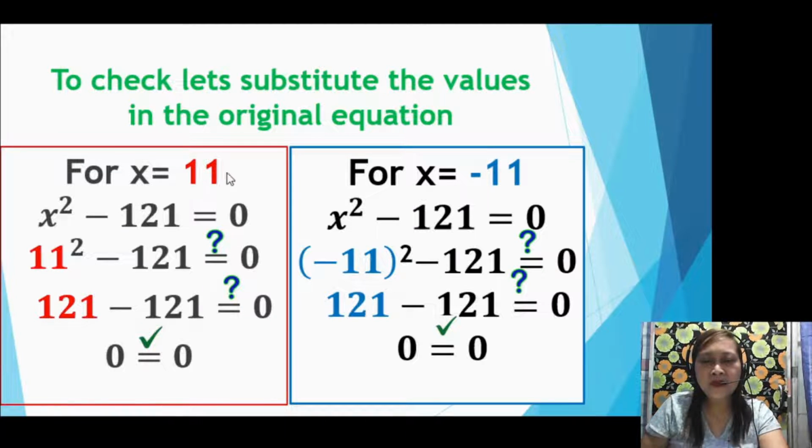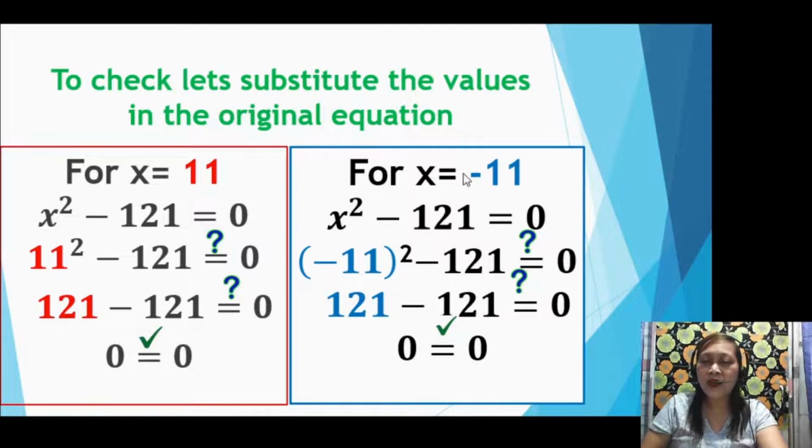We will replace the value of x here, which is 11. So 11 times 11, that is 121. 121 minus 121 is equal to 0. Since both sides of the equation are 0, positive 11 is the solution of the equation x squared minus 121 is equal to 0.